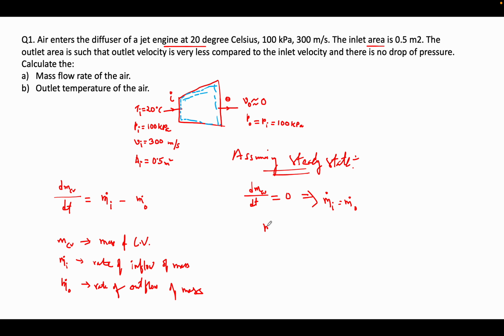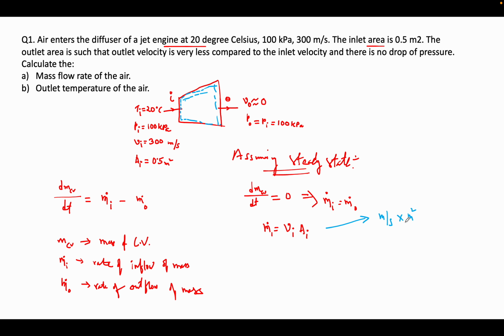Now mi dot is the mass flow rate at the inlet. So we know the inlet velocity Vi, and we know the inlet area Ai. Now if we multiply these two, we get meter per second into meter square, that means meter cube per second, which is the volume flow rate.